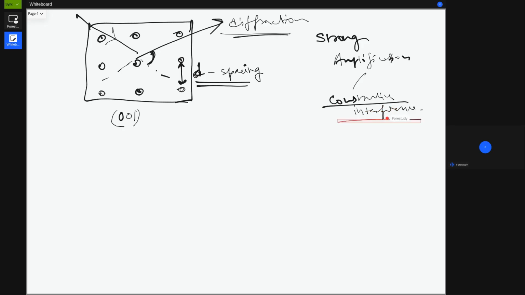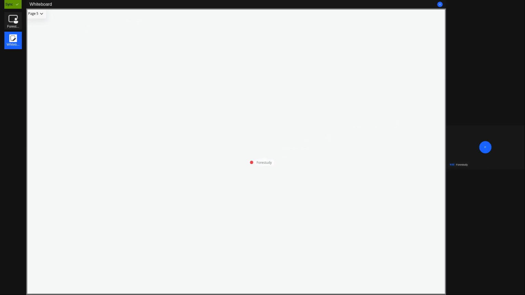Now how will this look? Say I draw again those atoms in a crystal, and let's say this one travels here, then goes here. This is the incident ray, this is the diffracted ray with strong amplitude, and this is the 2 theta angle.